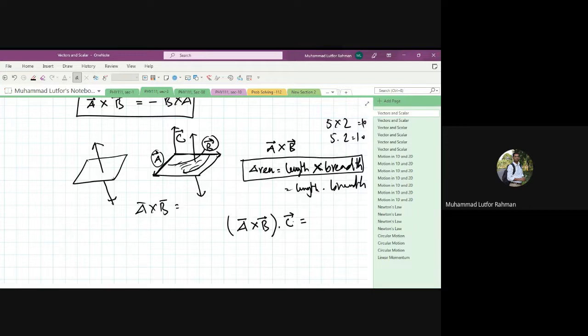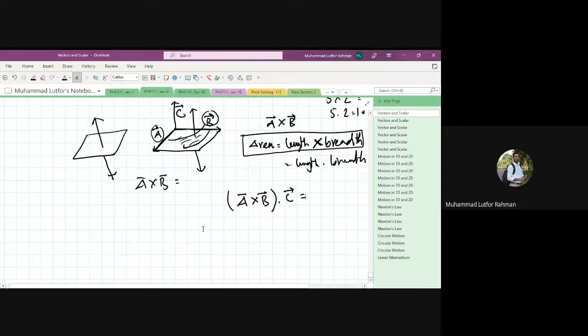The volume. And the volume is a scalar quantity, right? It has no direction. If you multiply that area by one length, that gives you the volume, and volume is a scalar quantity since it's a dot product.